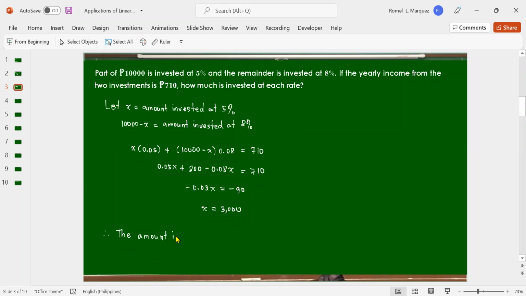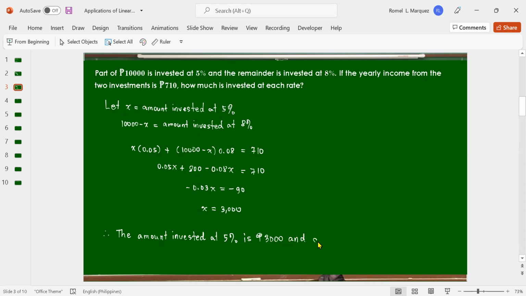The amount invested at 5% is how much? Is 3,000. What about at 8%?